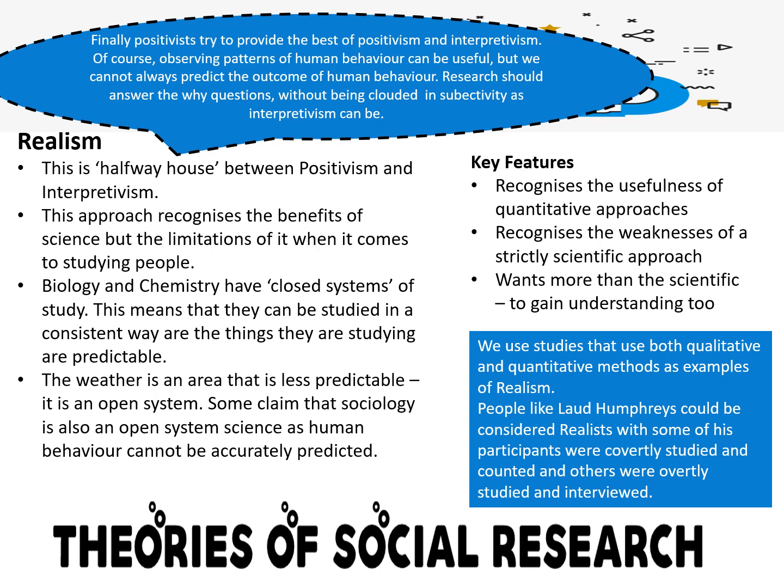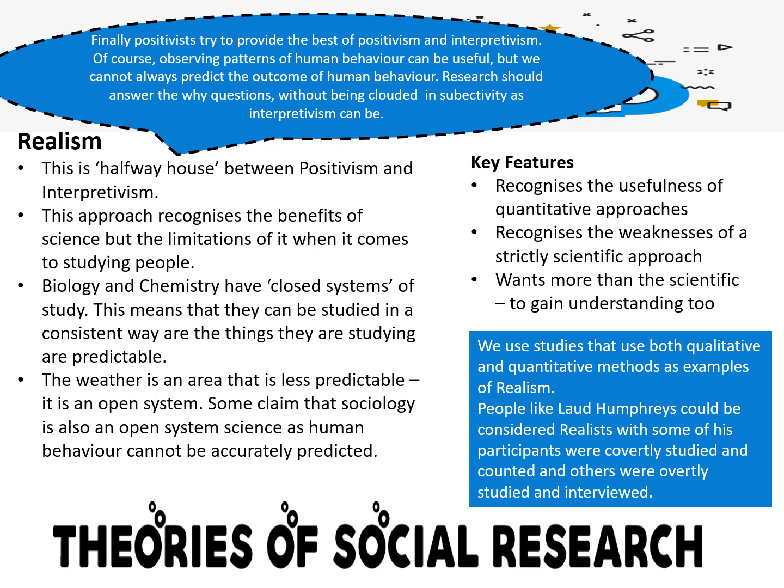So some people have likened the study of society in sociology to something like the study of the weather, where we can have an idea of what's going on, but it's an open system, so we can't always predict. So realism is saying, okay, science is of benefit, but we've got to realise that it has limits, and actually finding out why people behave the way they do is also important.